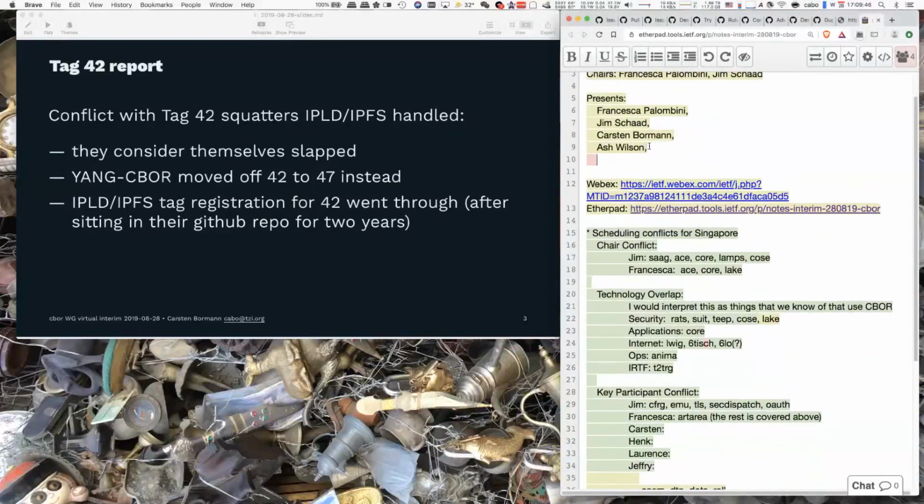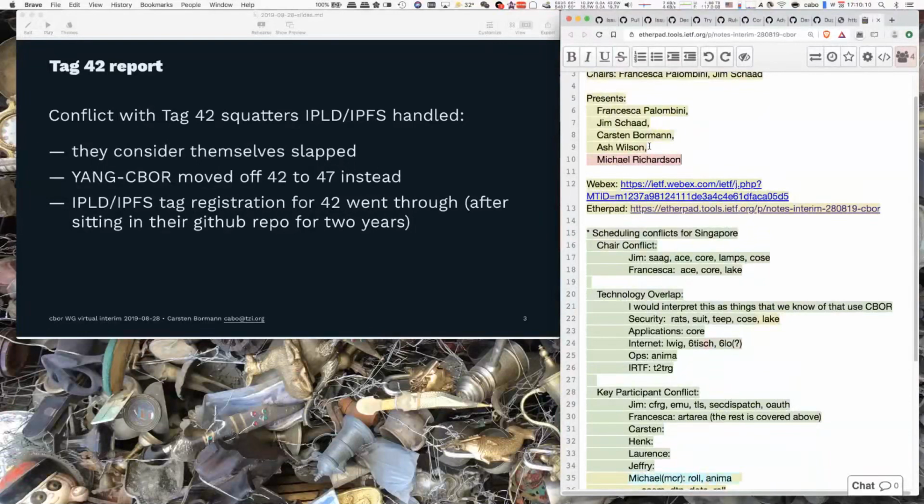So one thing to look at is the list of documents that are referencing RFC 8610 and its prerequisites, precursors, or 7049.